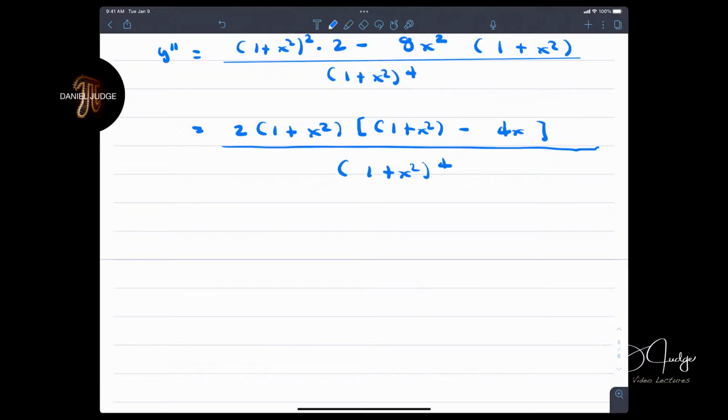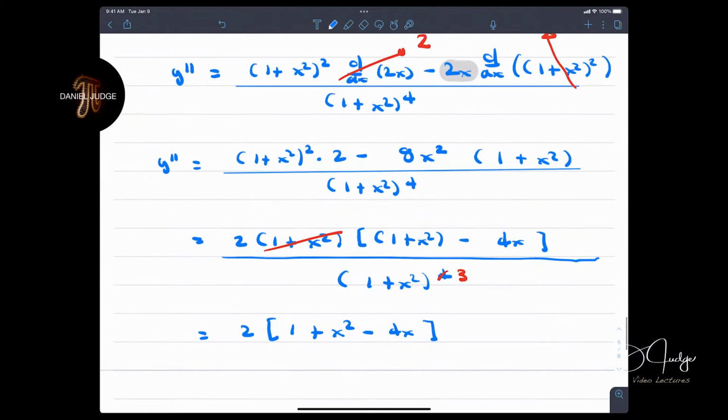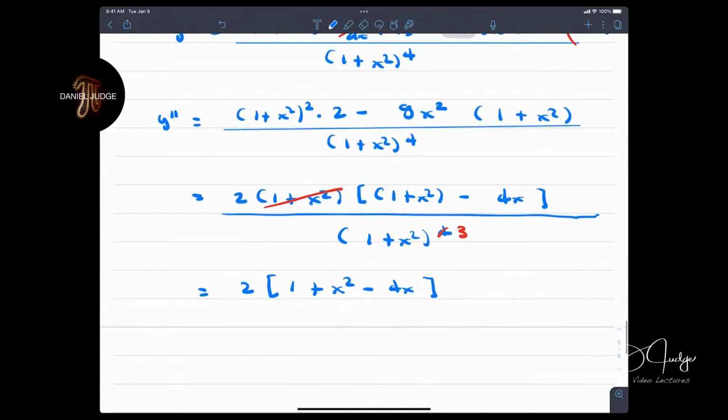Now, like before, power 3. 2 times 1 plus x squared minus, is that minus 4x? No, that's a square. Good. Got to be careful.